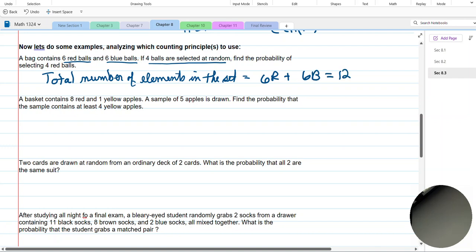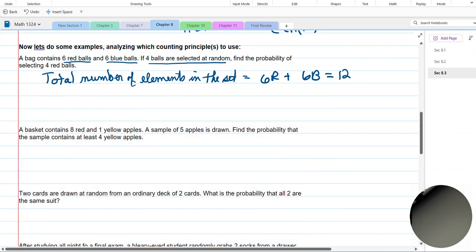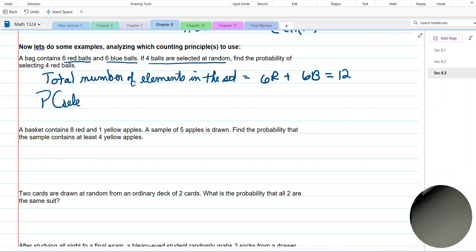All right, so we have that because we want the probability that we select 4 red balls. And we're assuming one at a time.